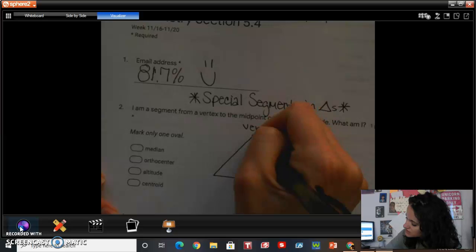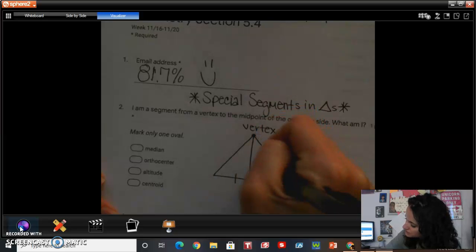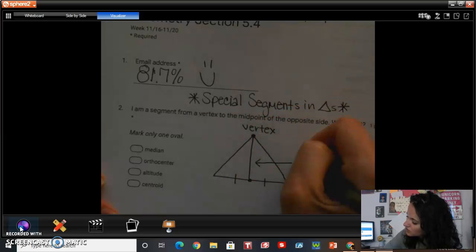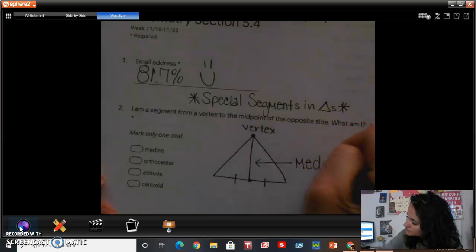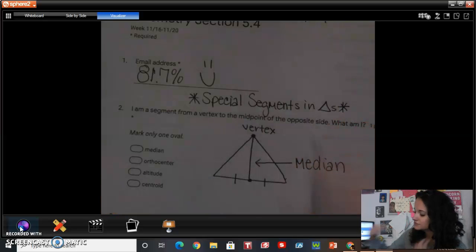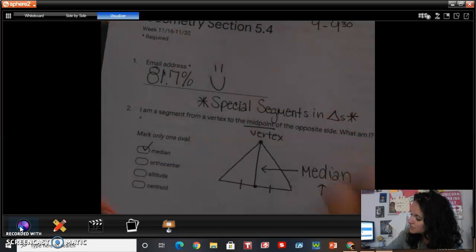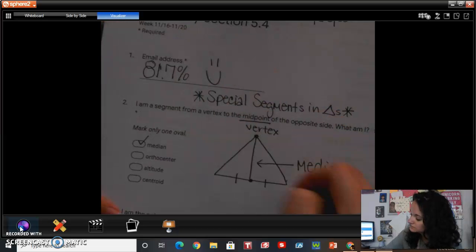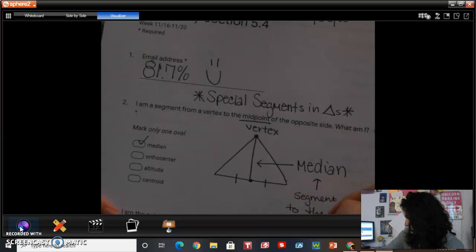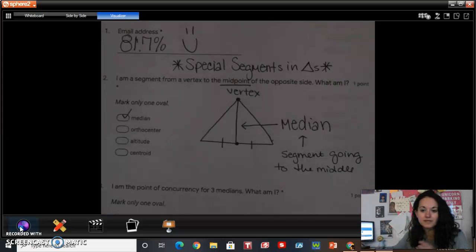So we're talking about this segment right here. Just remember it, that is called a median. So the way I kind of help remember that is if we're going to just think of it as a segment going to the middle. Middle, median, okay? All right.